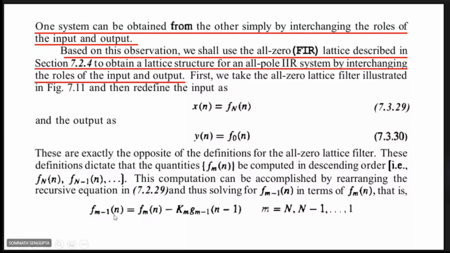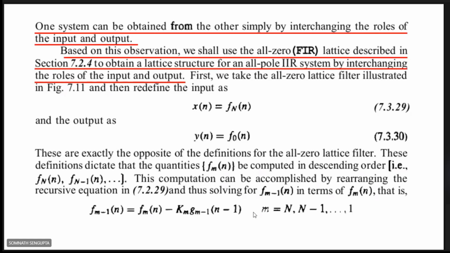So f_{m-1}(n) is equal to f_m(n) minus k_m g_{m-1}(n minus 1). Okay. So g_{m-1}, earlier it was also there, but it was delayed by 1 unit. So here also it is delayed by 1 unit.